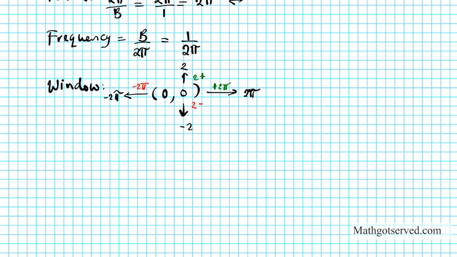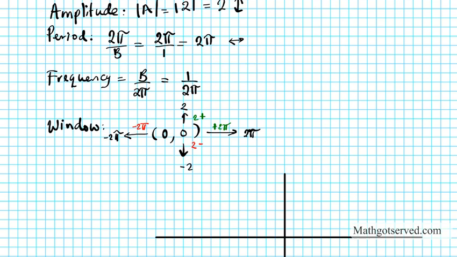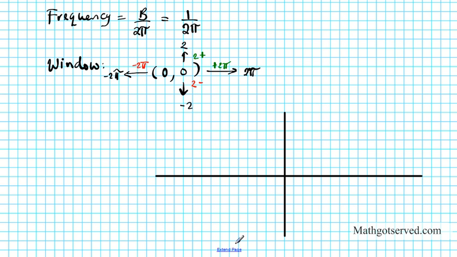All right? Okay, now let's set up our coordinate system. There goes my x-axis, and then my y-axis. Now for my x-axis calibration, our period is 2 pi, right? That means that the last tick is going to be 2 pi. All right? Okay, so let's do that here. I'm going to let a box equal a tick.